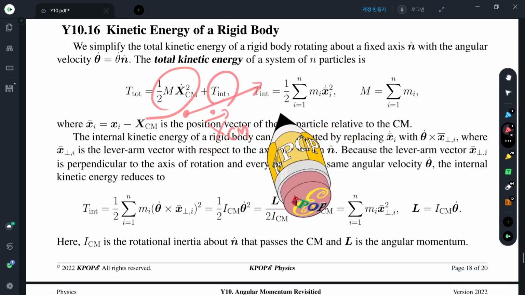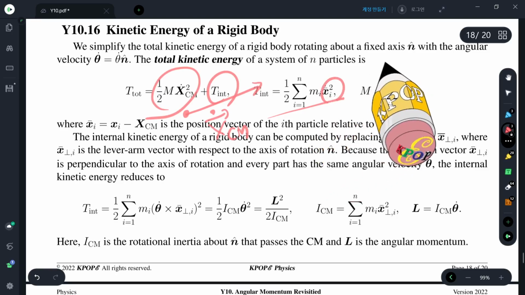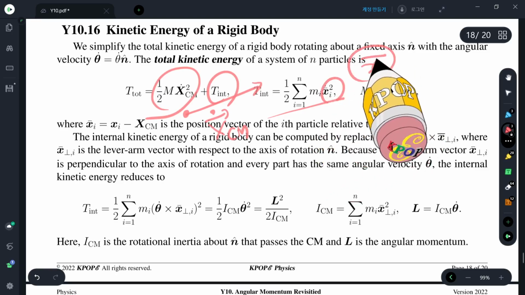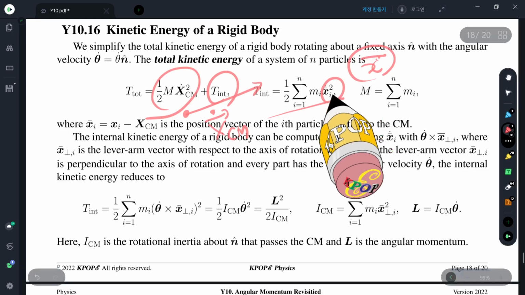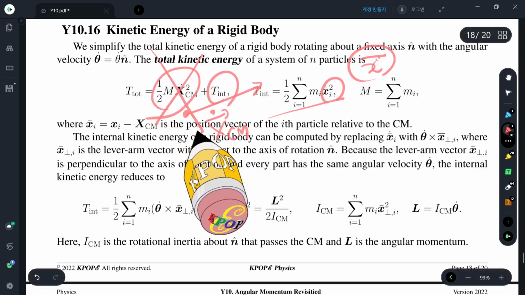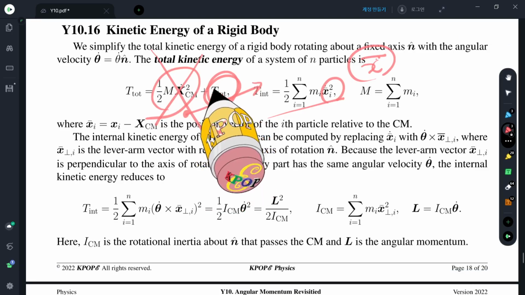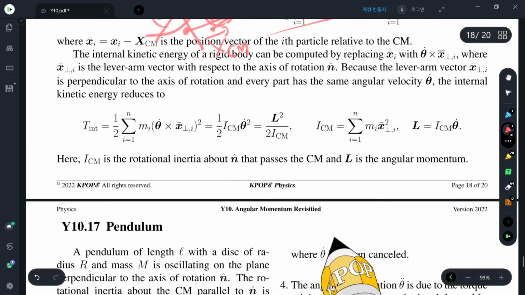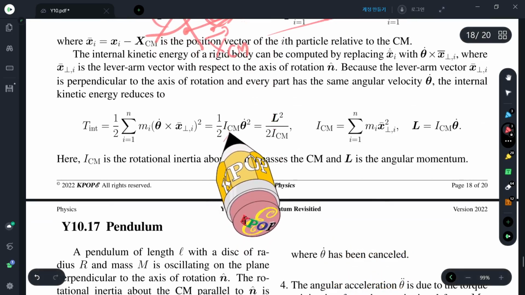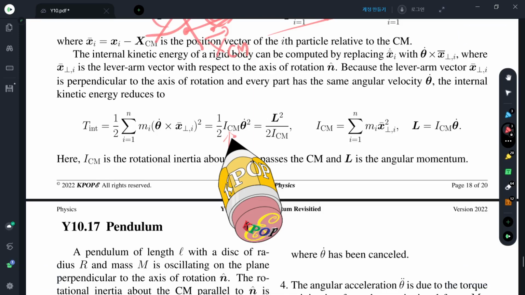The internal kinetic energy is measured, you know, this bar means relative to the center of mass. If you are describing the system at the center of mass system, then this term disappears and only the internal contribution survives. In the case of a rigid body, this internal kinetic energy can be computed quite compactly by making use of the rotational inertia.